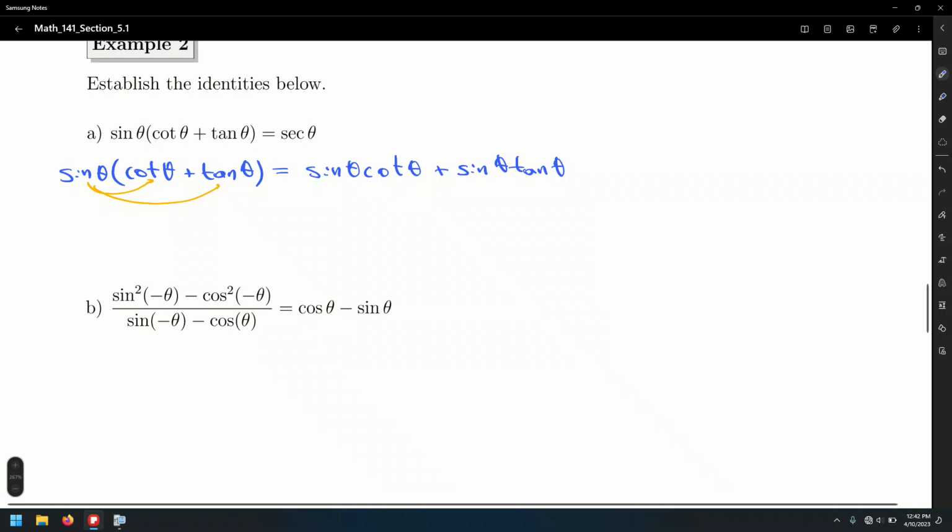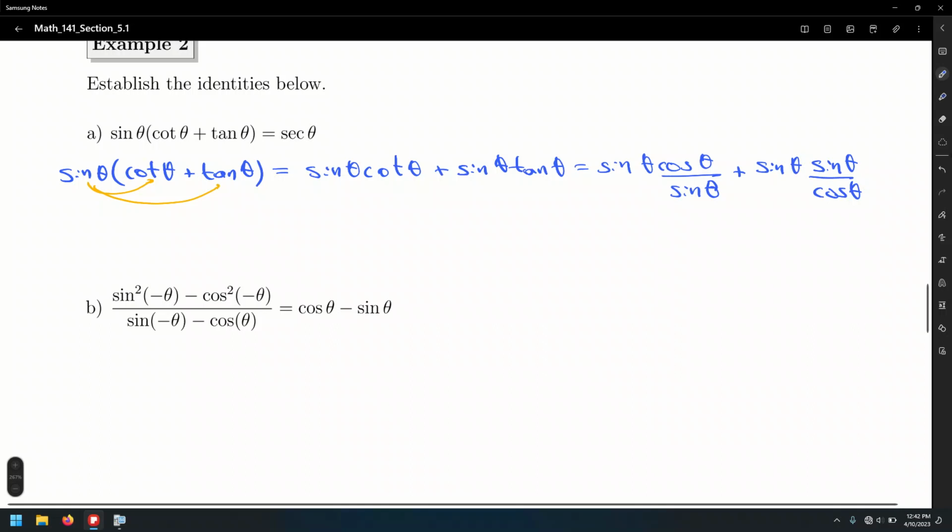All right, let's see. So that's going to be sine theta times cotangent, which is the same as saying cosine theta over sine theta, plus sine theta times tangent, which is sine over cosine theta. Let's see what we get by rewriting everything in terms of sines and cosines.